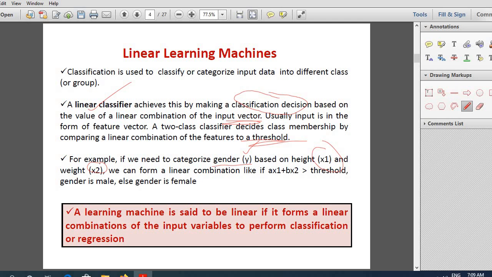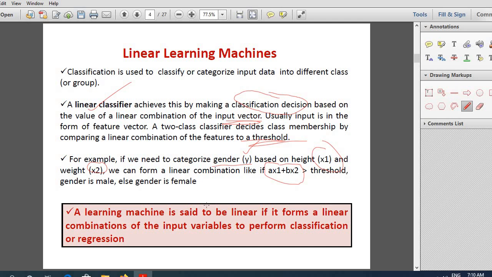What you do is make a linear combination of the input variables, for example ax1 plus bx2. If that is greater than a threshold value, the gender is male, else the gender is female. That is, in linear classification, a linear combination of the input variables is compared to a threshold to make the classification decision. That is how linear classification works.